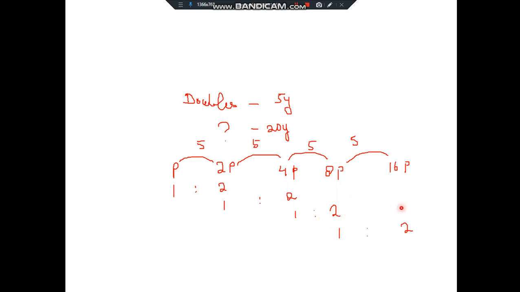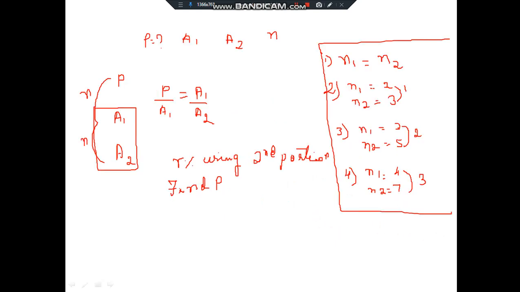Okay, I'll explain it to you. See the question. So this is how the question will be. Find the sum where the principal amounts to some value after n years, and from that to another amount after n years. Okay, in that case we have different conditions. First condition is when the number of years is the same, that is, from principal to amount 1 it is 2 years, and from amount 1 to amount 2 also 2 years.